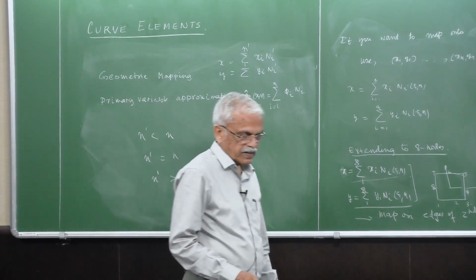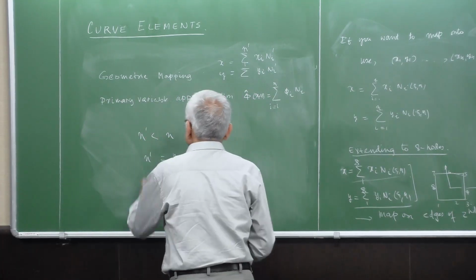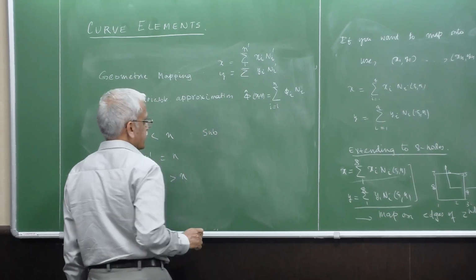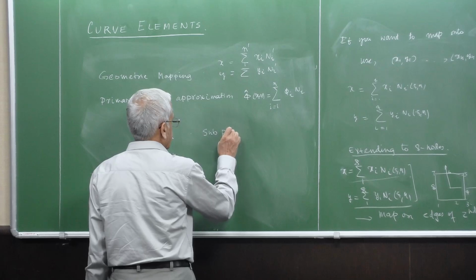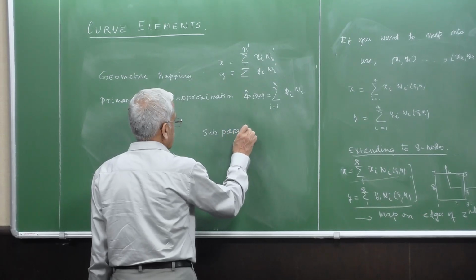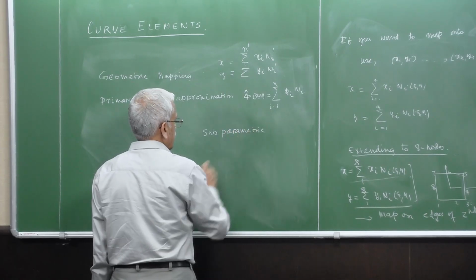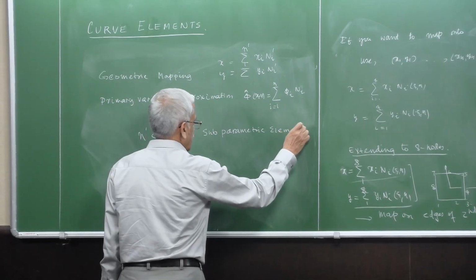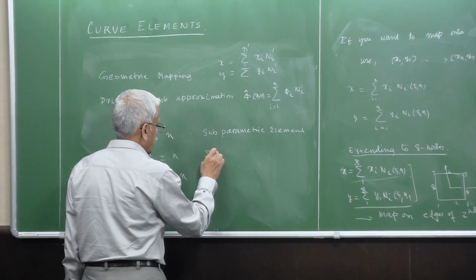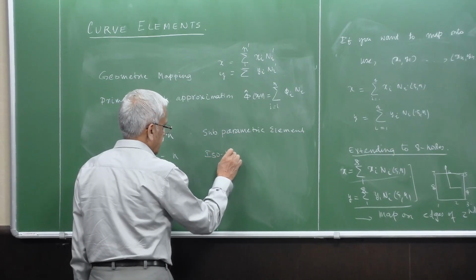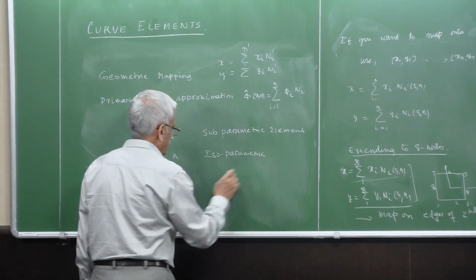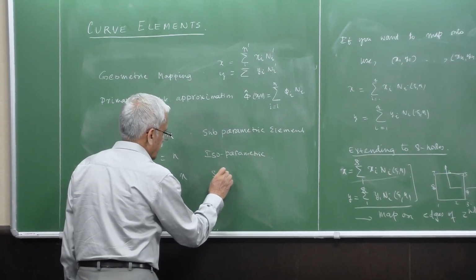So quickly, if n prime is less than n, so the number of parameters are less in geometry, we call it a subparametric element, and if they are equal, it's called an isoparametric element, and if greater, this is a superparametric element.